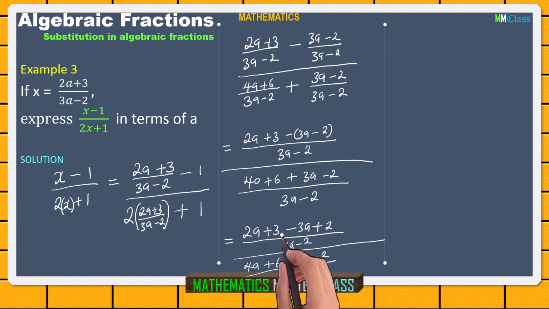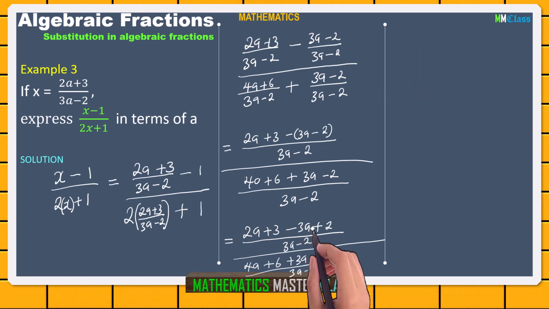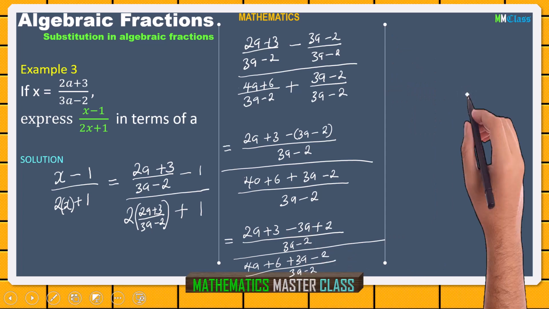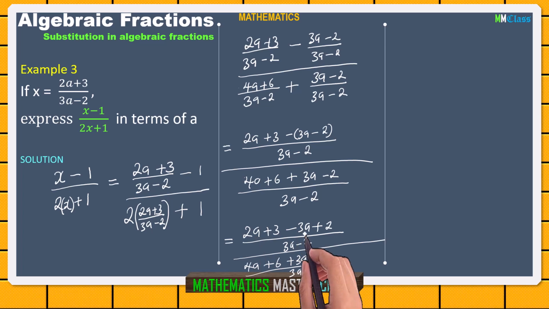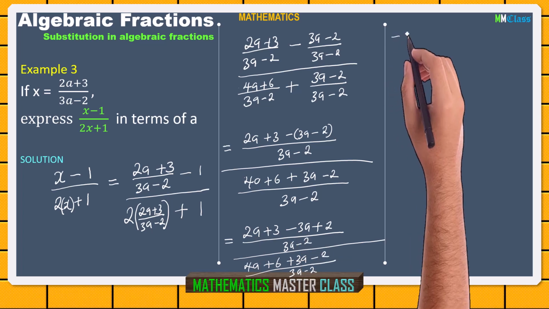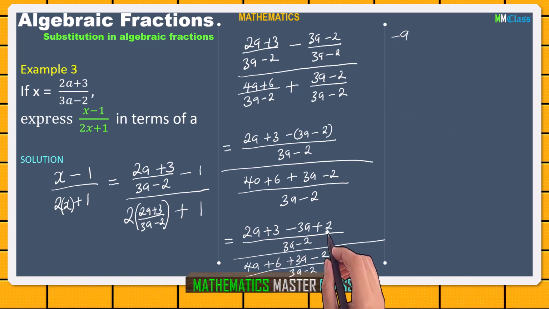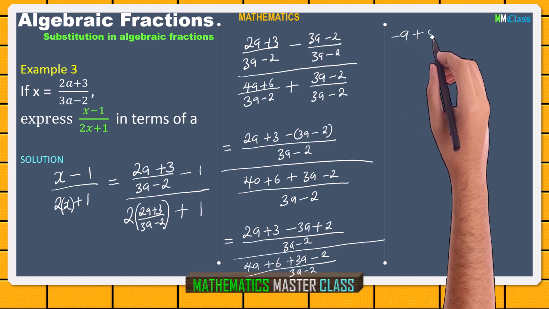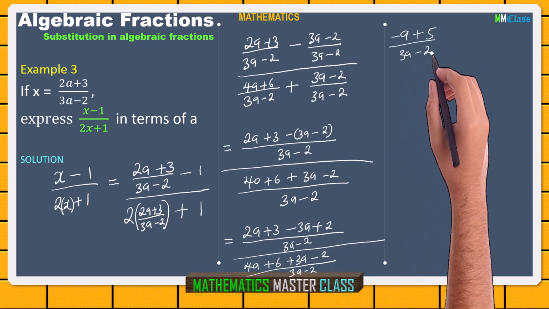So we are going to simplify the numerators of both the denominator and the numerator. We'll simplify this numerator here: we have 2a minus 3a, and that will give us minus a. Then we have 3 plus 2, and that will give us plus 5, all over 3a minus 2.